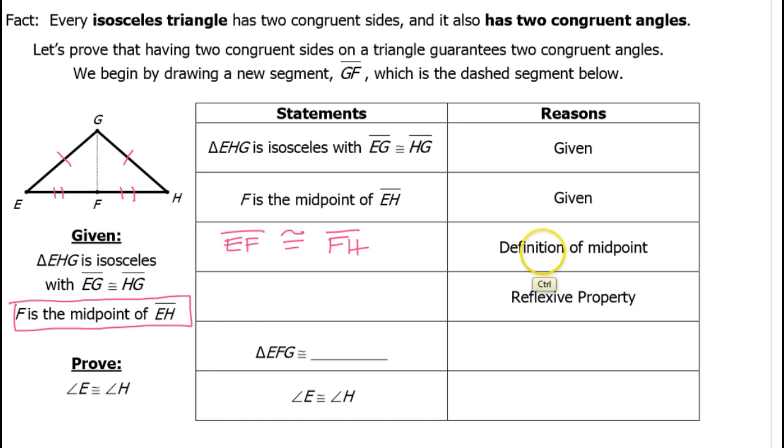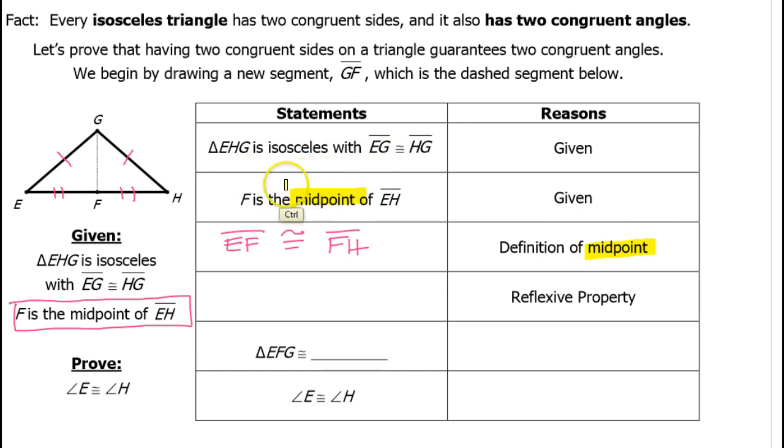Now for some reason on a quiz that we had recently, I had a bunch of students wanting to say definition of segment bisector. So let me just emphasize that this is always going to be connected to this. If this statement says midpoint, then it's going to be definition of midpoint.